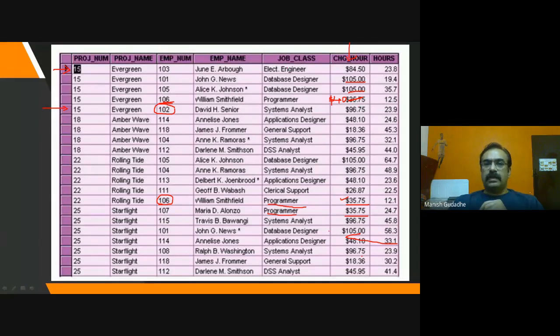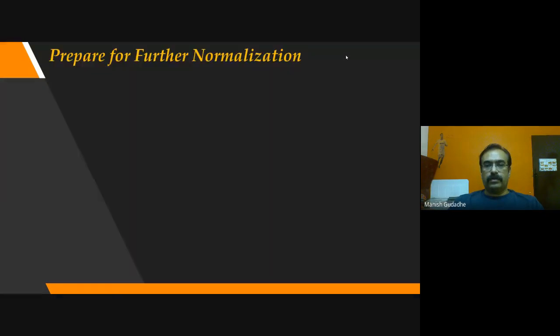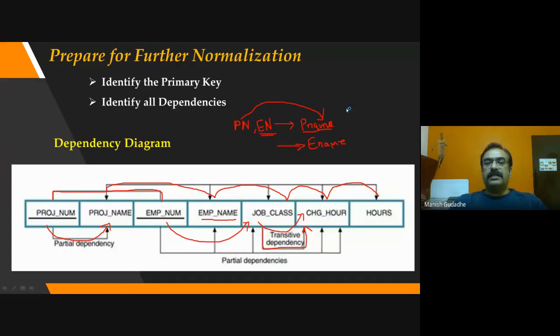So here you can see that charges per hour are dependent on job class rather than the employee. As the employee is a database designer, he is getting paid that amount. If he was a programmer, he would have been paid something else. So in that case, this can be treated as a transitive dependency.